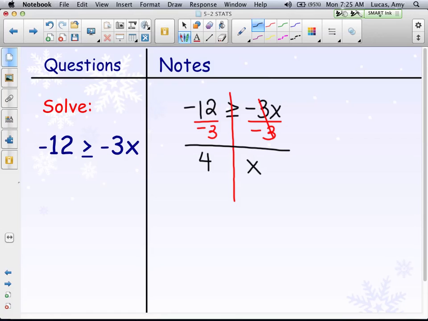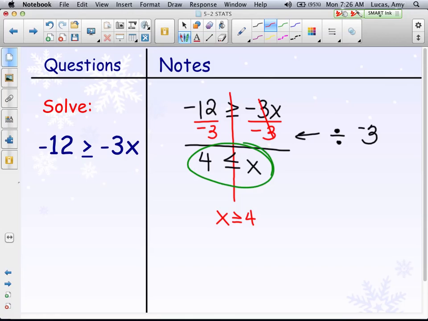But I divided by a negative 3, and dividing by a negative 3 flips my symbol, so I need to flip my symbol around so it opens up at my x. Now, we don't have to graph in this section. If I did have to graph, I would reverse the whole inequality to get x on the left-hand side. But that's just for graphing purposes. So you are okay with leaving your inequality like this.